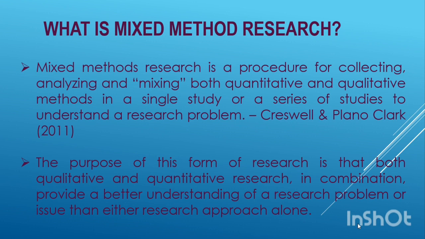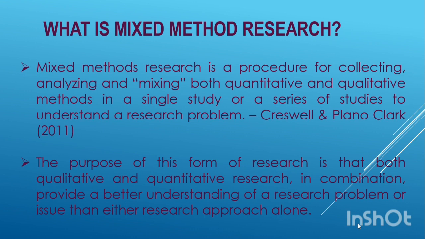The purpose of this form of research is that both qualitative and quantitative research in combination provide a better understanding of a research problem or issue than either research approach alone. So this means that mixed method research explores both qualitative and quantitative research approaches, meaning the processes of both will be applied.